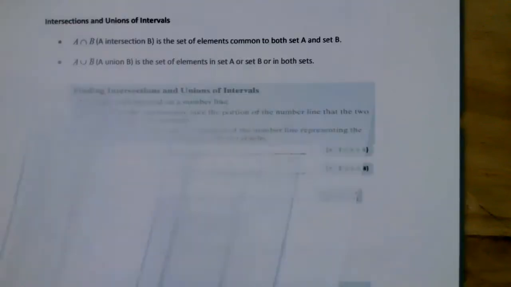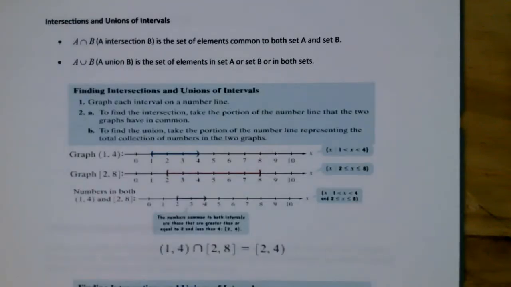All right, next we'll talk about intersections and unions of intervals.